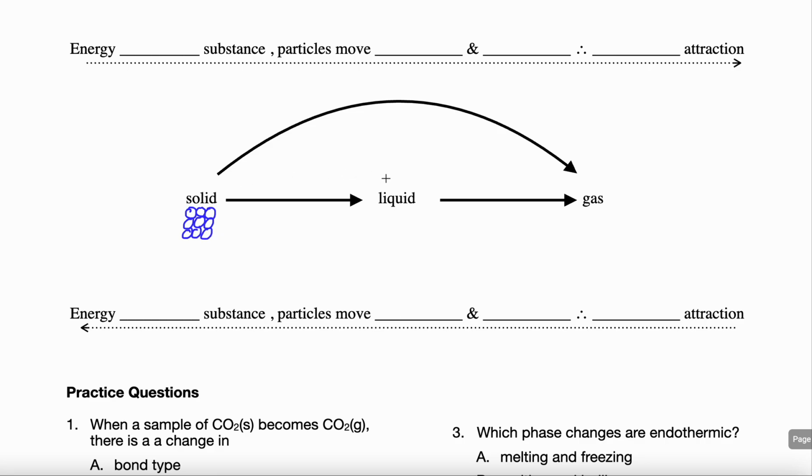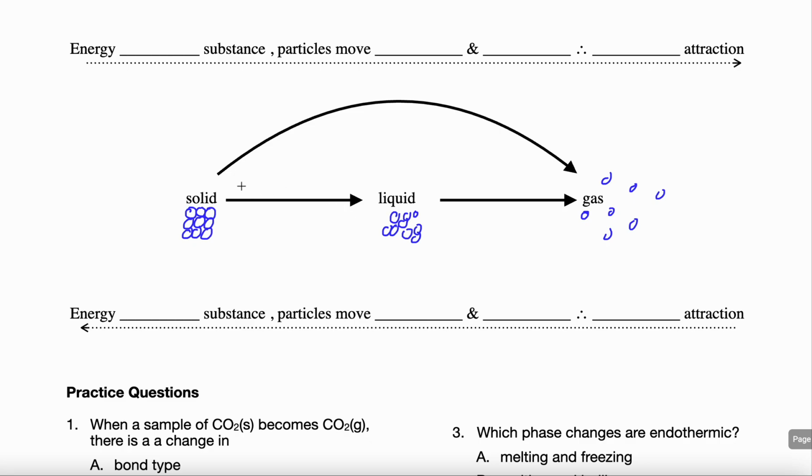The complete opposite phase is the gas phase, where the particles don't touch and there's no organization and they just move away from each other. The liquid is the middle ground: the particles touch, but there is no order within the sample.